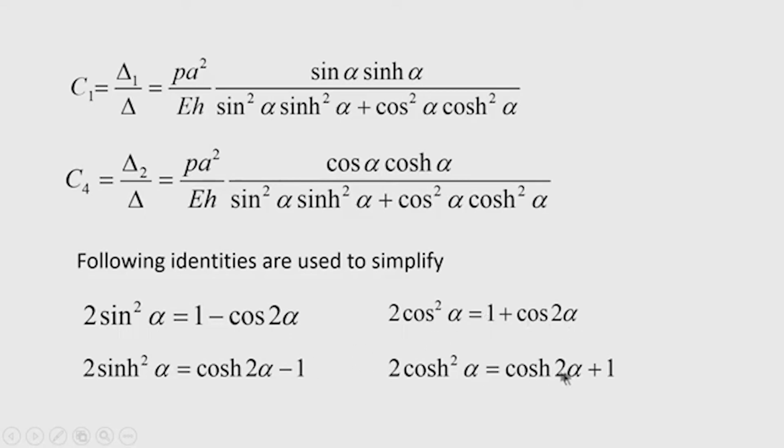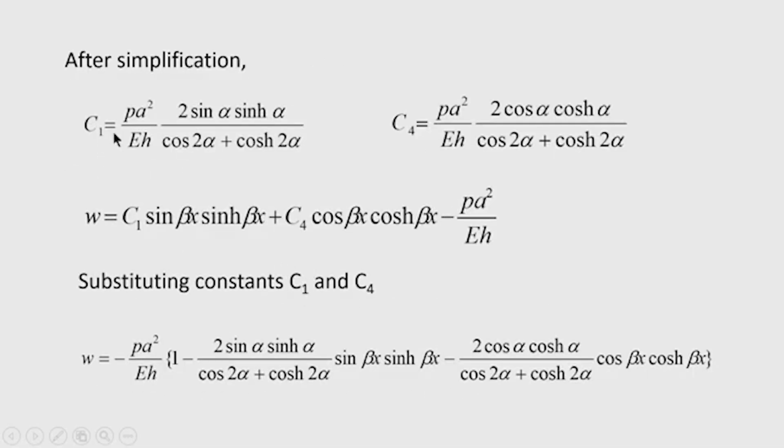Then the other two are hyperbolic function identities, that is 2 sin hyperbolic square alpha equal to cos hyperbolic 2 alpha minus 1, and the second one is 2 cos hyperbolic square alpha equal to cos hyperbolic 2 alpha plus 1. So, using these identities we can now express C 1 and C 4 in simplified form.